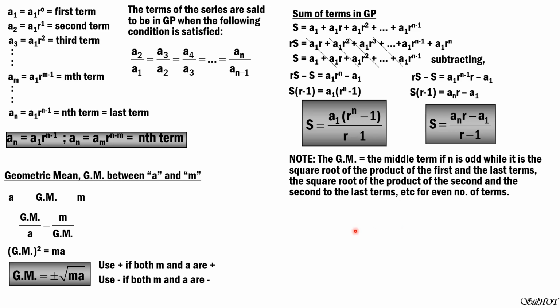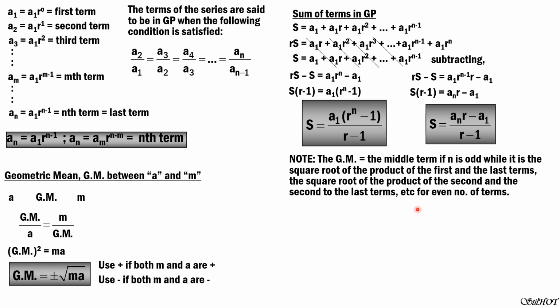So take note that 18, the middle term, the geometric mean, is the square root of 2 and 162. So it's 18. Square root of 324 is 18. Square root of 6 and 54. So square root of 6 times 54 is 18.